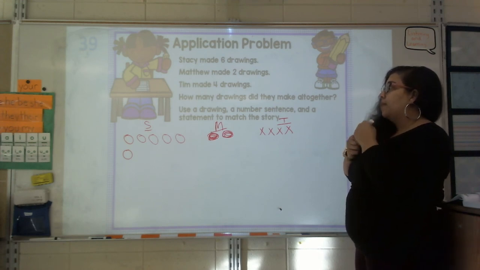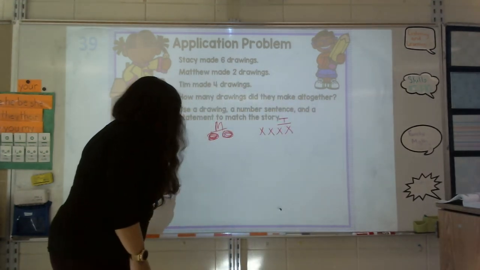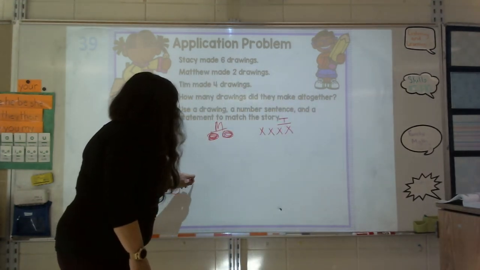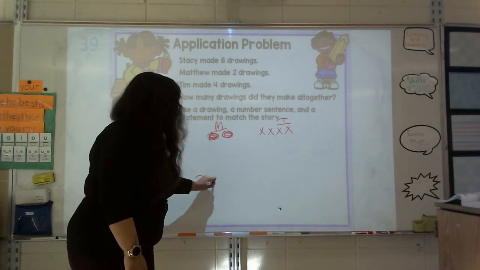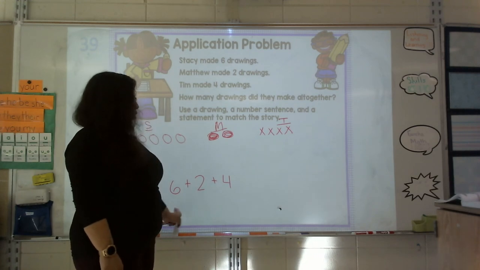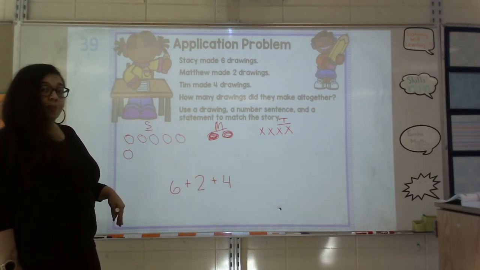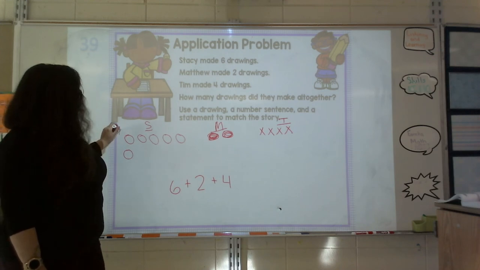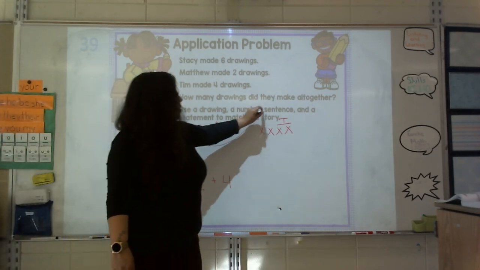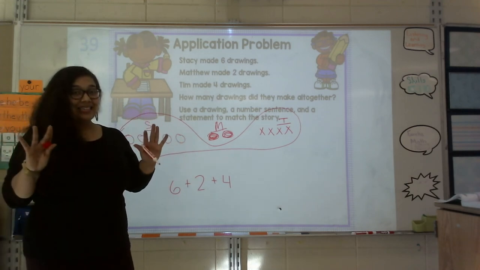to solve the problem. We know that Stacy has 6 drawings plus Matthew's 2 drawings plus Tim's 4 drawings. Is that the order in which I will go to actually answer the question though? I'm going to group Stacy with Tim because 6 and 4 make 10.